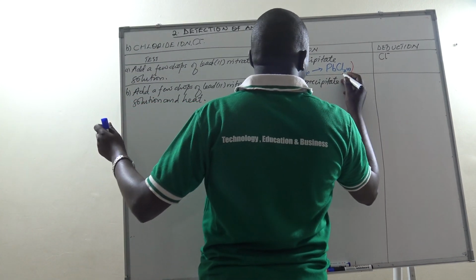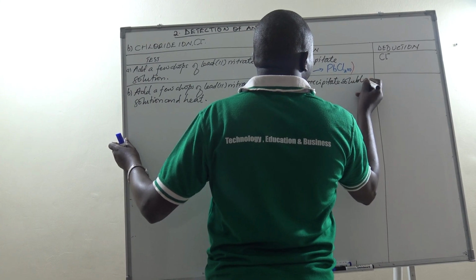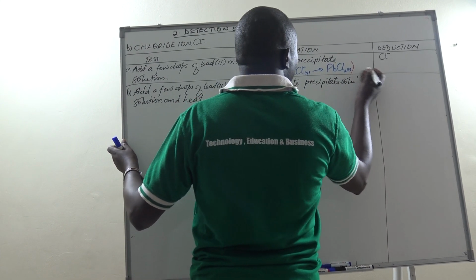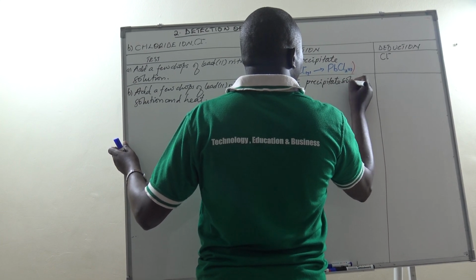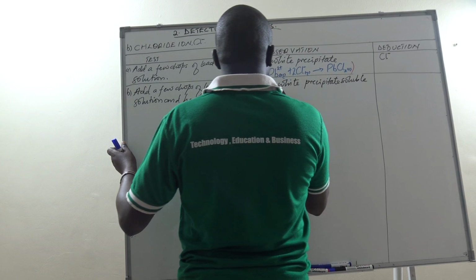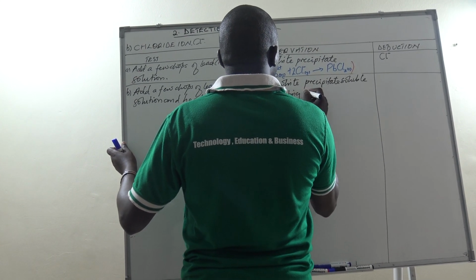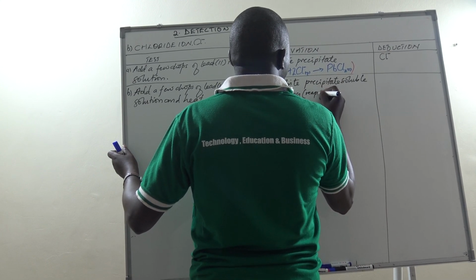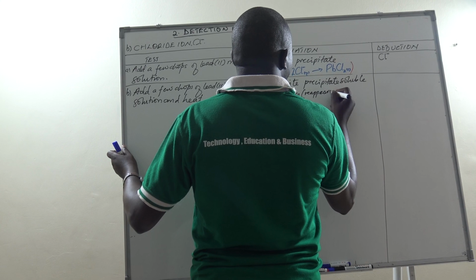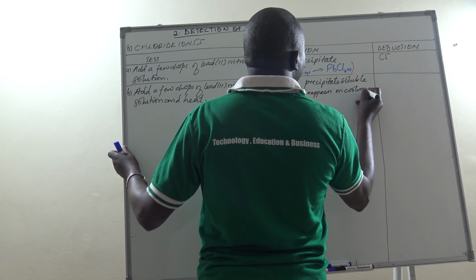So we say we get a white precipitate which is soluble on heating. But we should also remember that on cooling down, it reappears. That means the precipitate reappears on cooling.